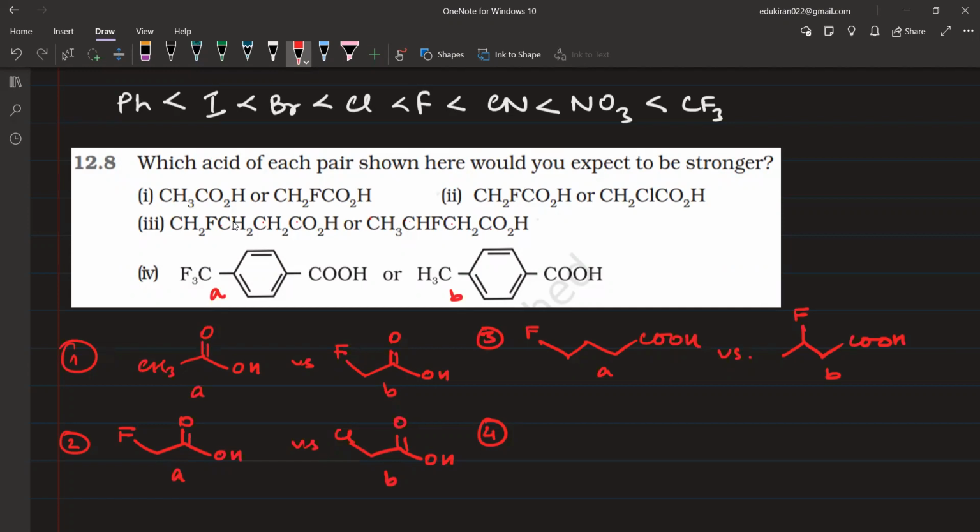Please tell the answer on the chat itself, the Zoom chat. 1 may A or B, 2 may A or B, 3 may A or B, 4 may A or B.